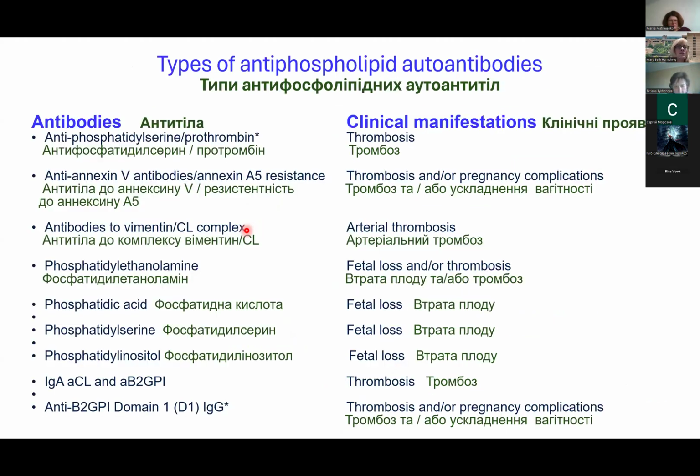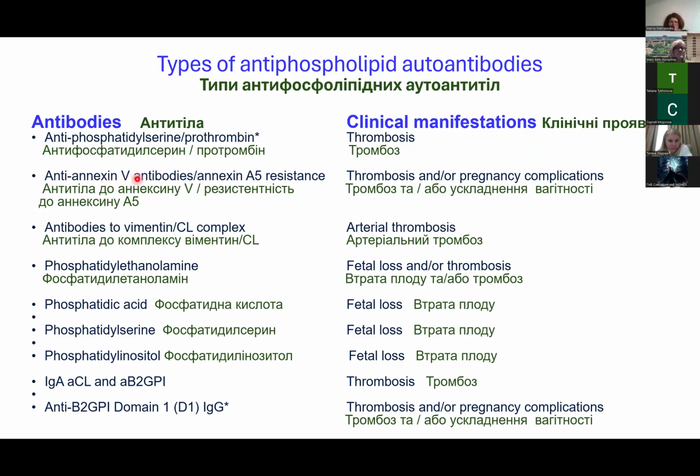All right, so the types of antibodies that can be antiphospholipid antibodies. There are several kinds of antiphospholipid antibodies. It seems to grow every year. So we know that there are phosphatidylserine and prothrombin antibodies. There are anti-annexin 5 antibodies.